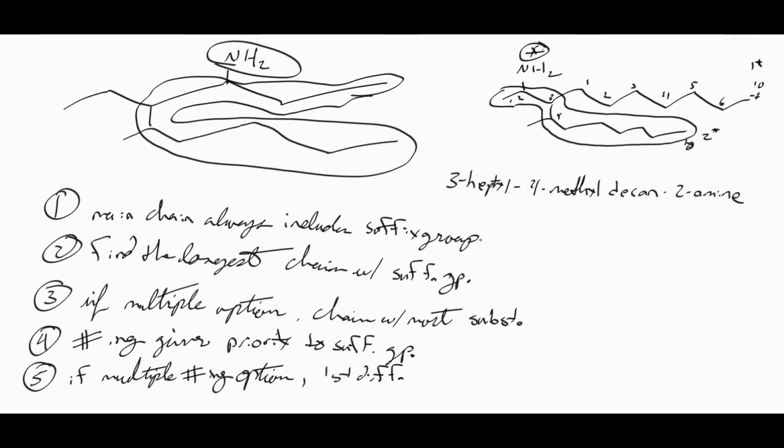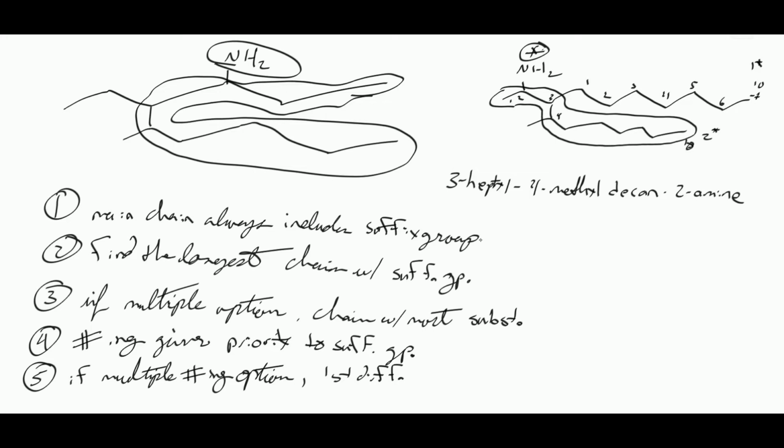So we've been going with, you number right to left, left to right. Which one do you choose? The one that gives the lower number the first time you find a difference, going alphabetically through the substituents. So that rule will still apply after you look at the priority group, the suffix group.